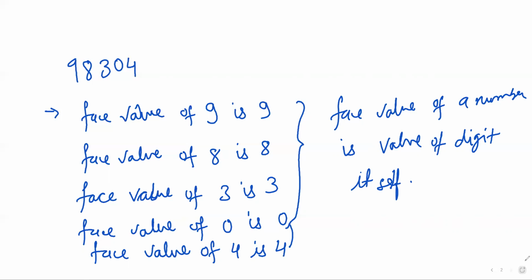Now let us understand place value. As the name suggests, place value is a value of digit according to the place of digit.